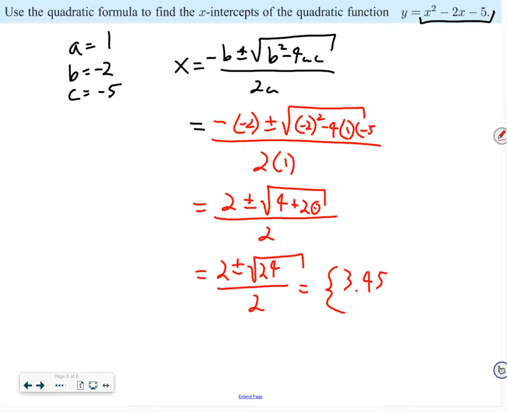Now if I do the same thing but switching it to 2 minus the square root of 24 divided by 2, I'm going to get the second answer of -1.449. Those would be my x-intercepts for that graph.